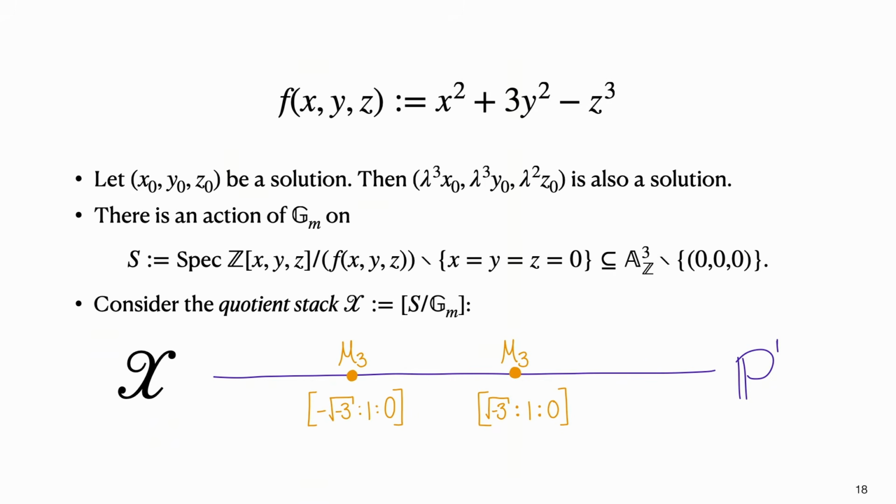And if this is equal to x naught, y naught, z naught, so if lambda stabilizes the point, then two things are true. Lambda cubed needs to be equal to 1 because the x naughts need to be the same. And then lambda squared needs to be equal to 1 too. Which number has its cube equal to 1 and its square equal to 1?